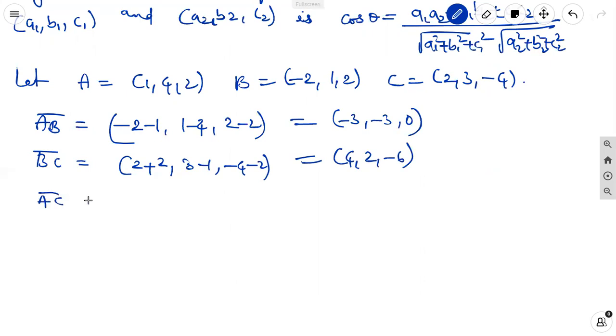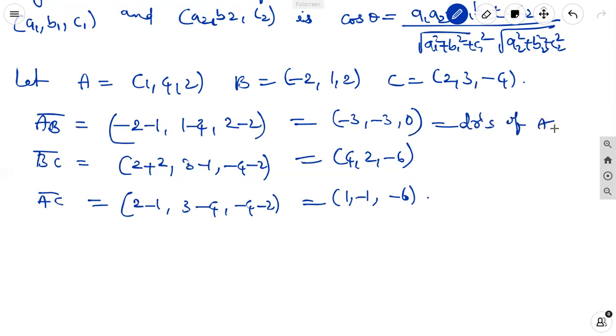Next, AC line. AC means 2 minus 1, 3 minus 4, -4 minus 2, that is (1, -1, -6). These are the DRs of AB line, DRs of BC line, DRs of AC line.